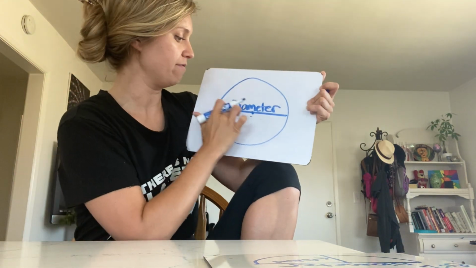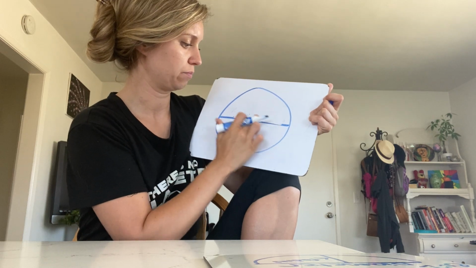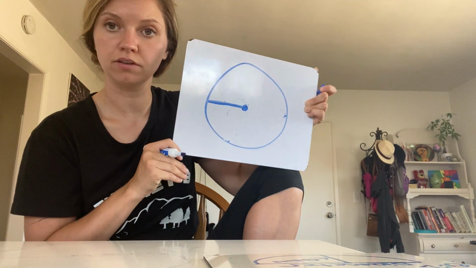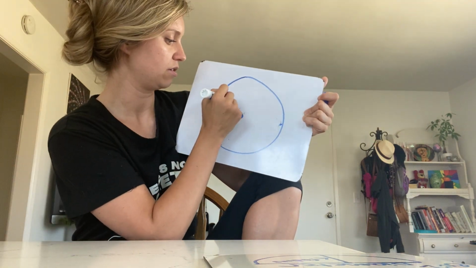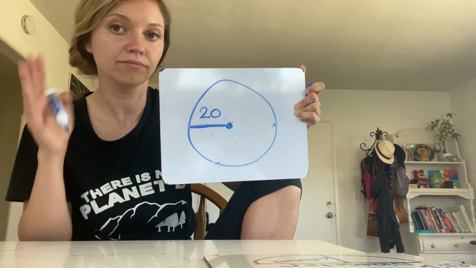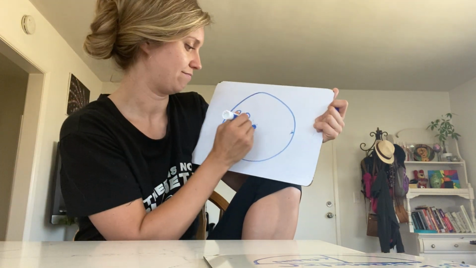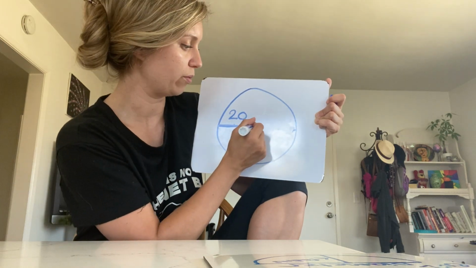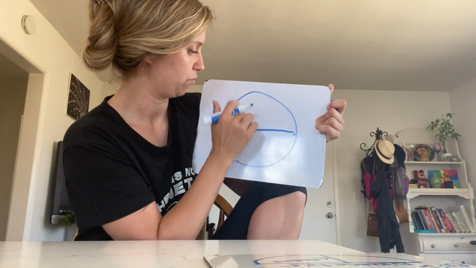However, what if they gave you just the radius? And then they said the radius was 20. What's the diameter going to be? 40. Okay, because radius is half of the diameter. So all the way across would be 40.